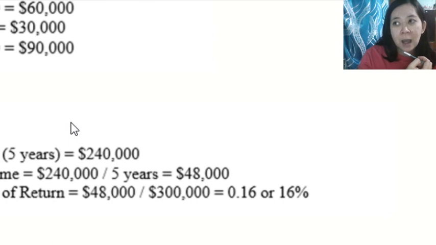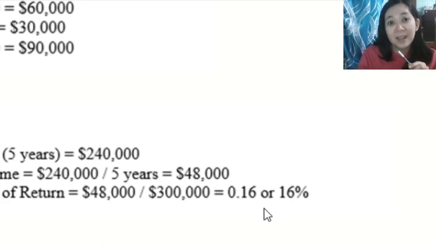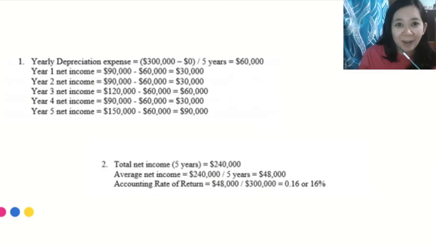That is, what percentage rate does it take for us to invest, and then we compare it with this accounting rate of return. Normally, the rule is that ARR should be greater than the cost of capital, or cost of investment, to be acceptable. That's how you determine the accounting rate of return.